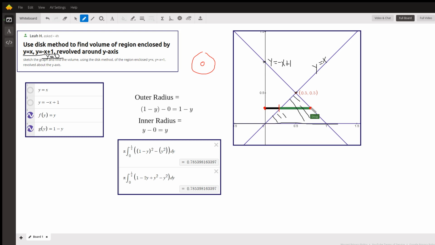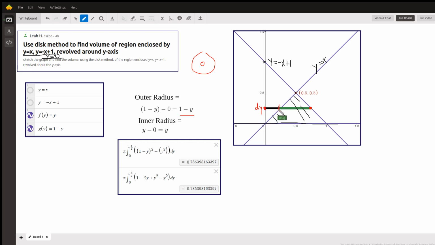The volume of that disk is, since it's a circle, pi times its radius squared. That's where this outer radius comes into play. And then subtract, of course, dy, which represents the height of the washer.